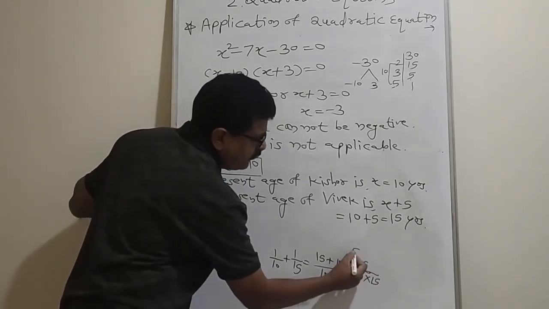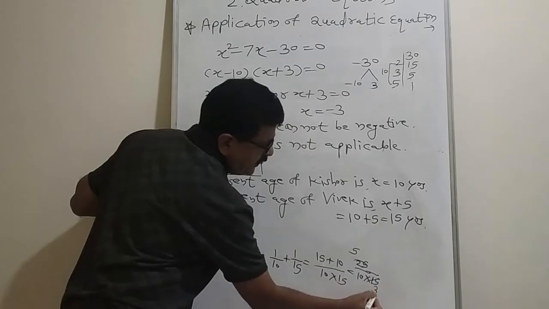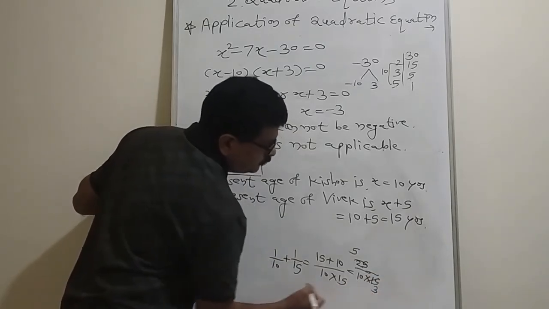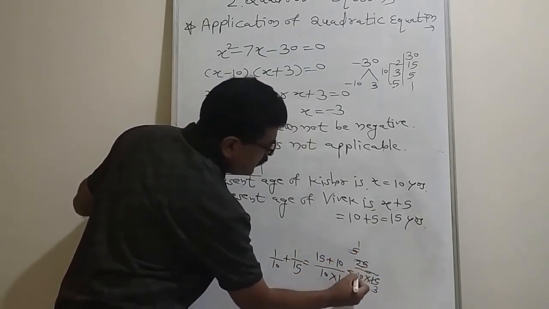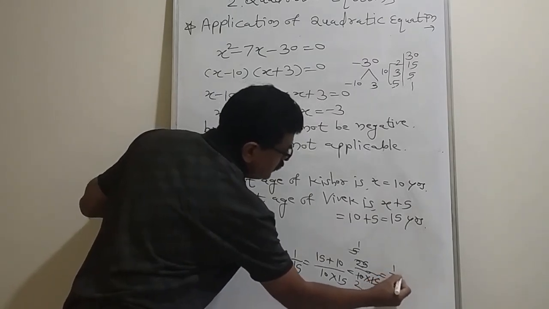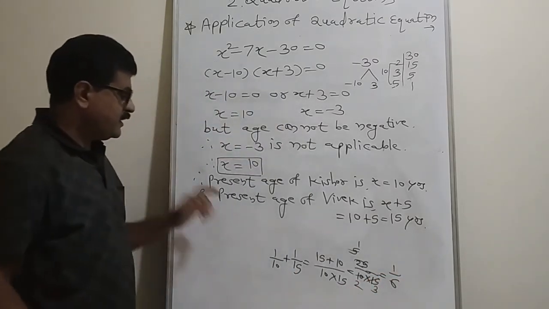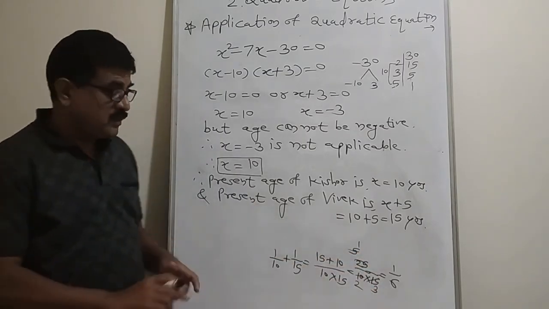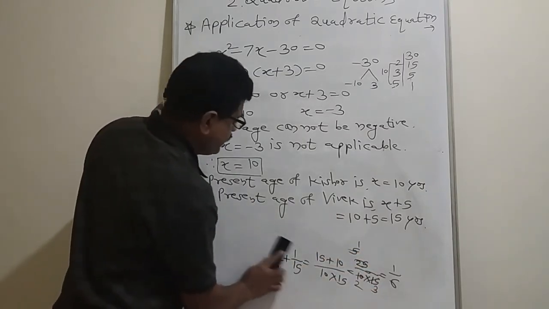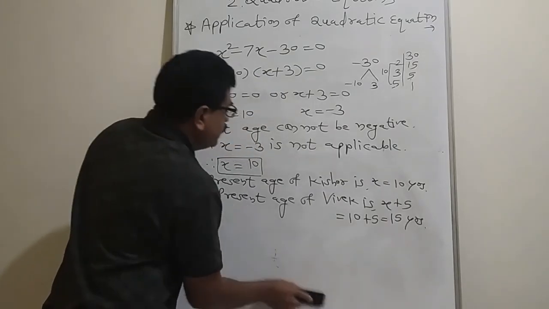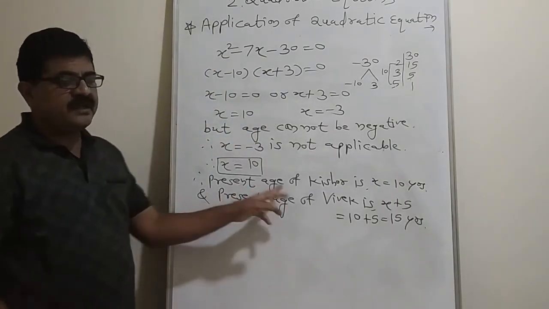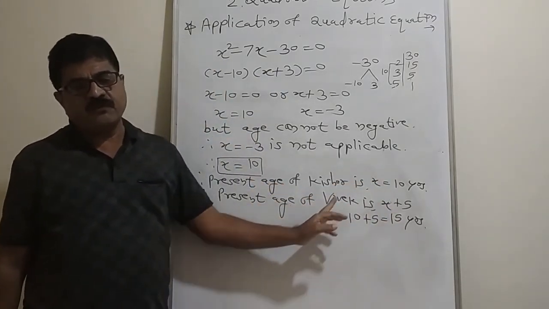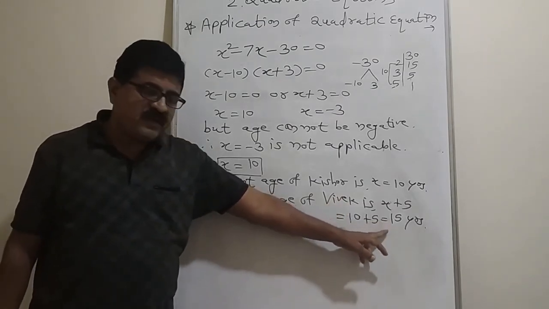Dividing by 5, 5 over 30, dividing by 5 again, 1 upon 6. That is, the sum of their reciprocals is 1 upon 6. Therefore, our answer is correct. That is, the present age of Kishore is 10 years and the present age of Vivek is 15 years.